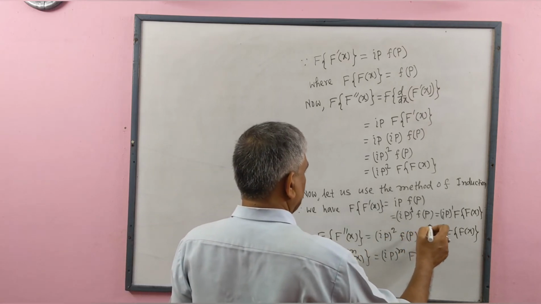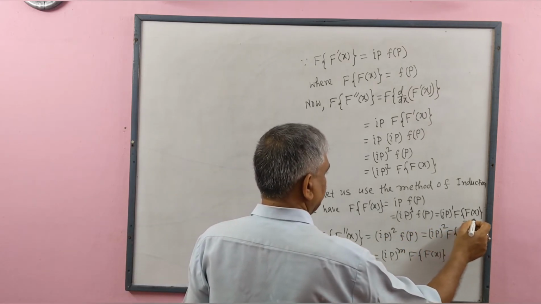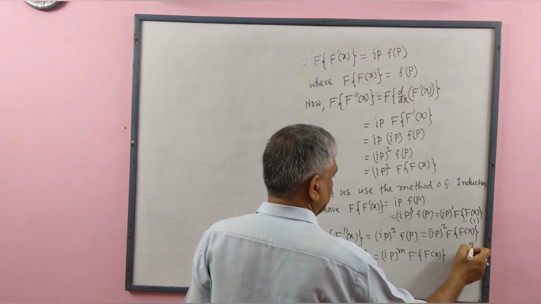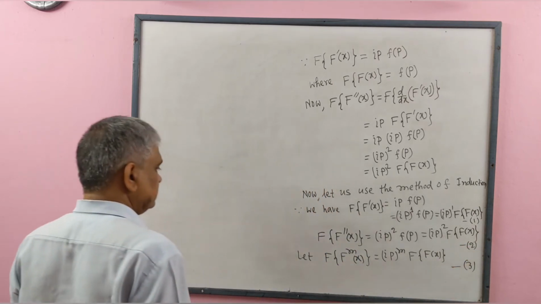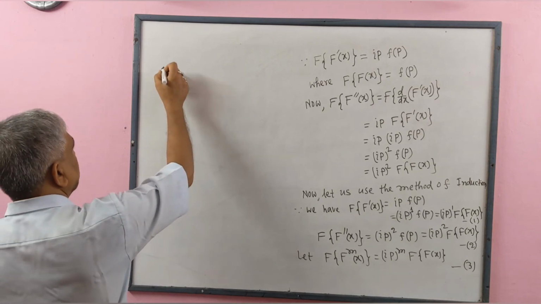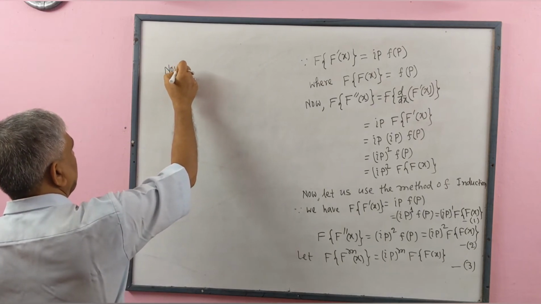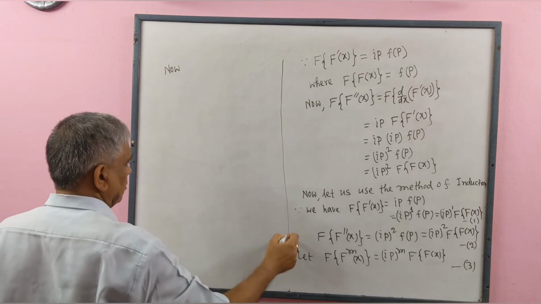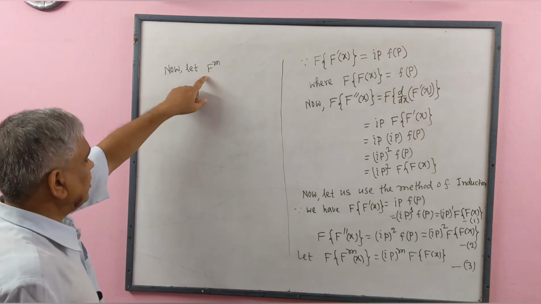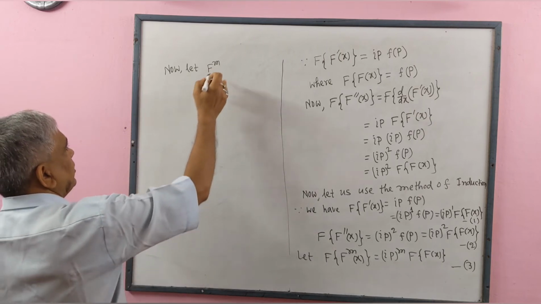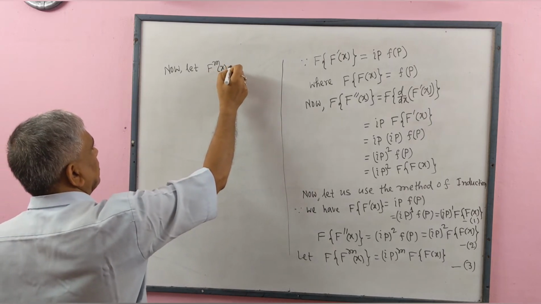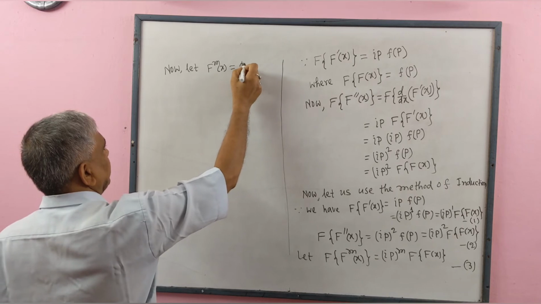Let this be number 1, this number 2, and this number 3. Now let the mth order derivative of f(x) equal phi(x).